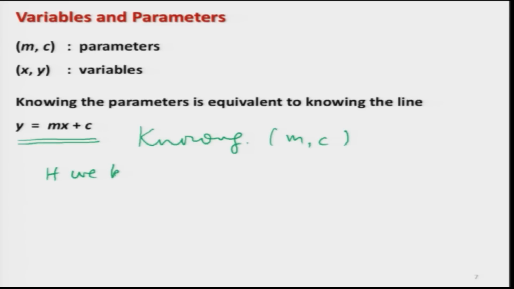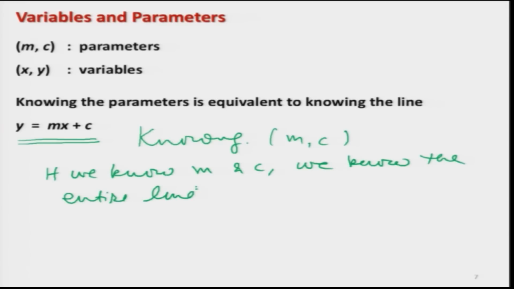If we know m and c, we know the entire line. Whereas, just by knowing x and y, I do not know the entire line. So, in this situation such quantities m and c are called parameters. The other quantities, on which we try to collect the values, are called variables.